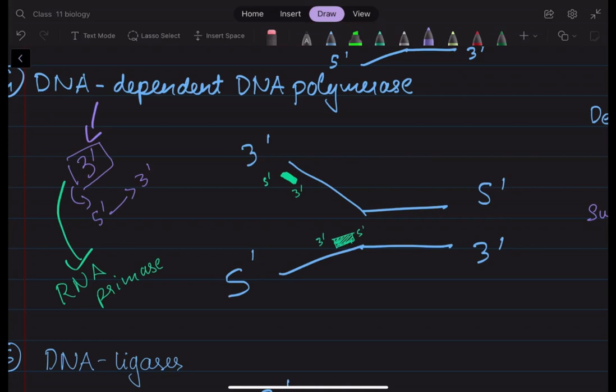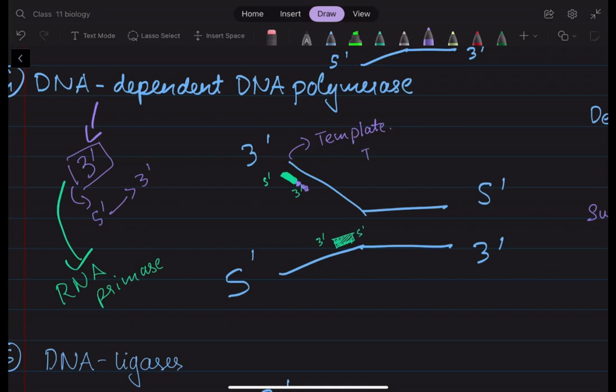So now we know that the DNA polymerase enzyme will act here, and it will keep adding nucleotides according to the nucleotide here. Okay, so this DNA strand is called the template DNA strand, because it acts as the template so that the DNA polymerase can put up the corresponding nucleotide with the complementary nitrogen base, right?